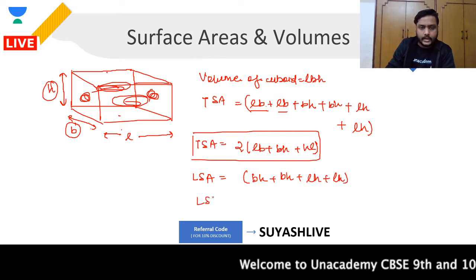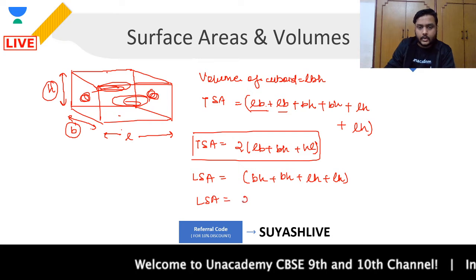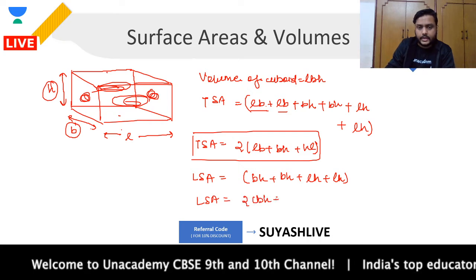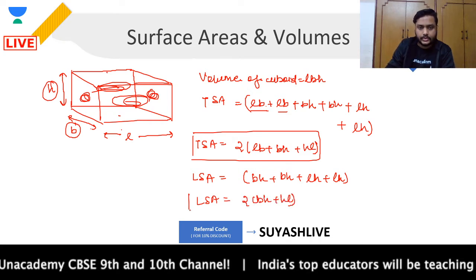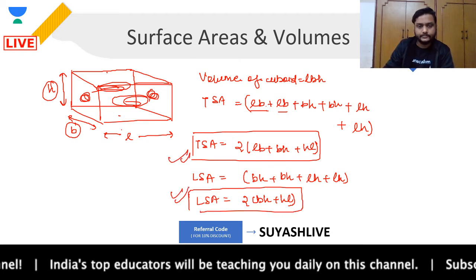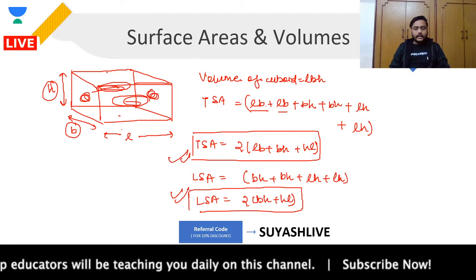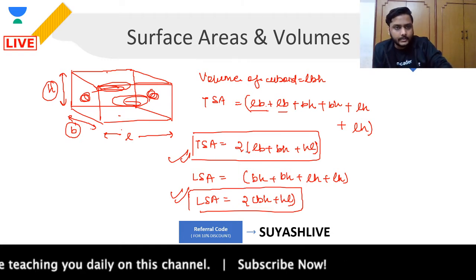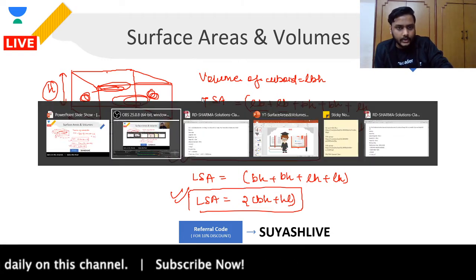So your LSA will come out as 2 times of BH plus HL. This is your lateral surface area and this is your total surface area. Are we clear with this, everyone? Yes or no, guys? Please tell me. Everyone got the point? Is that clear to all of you?